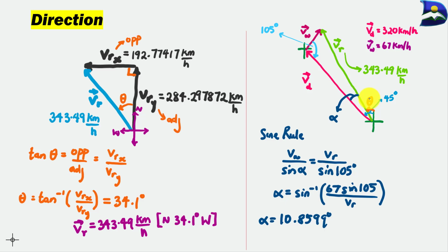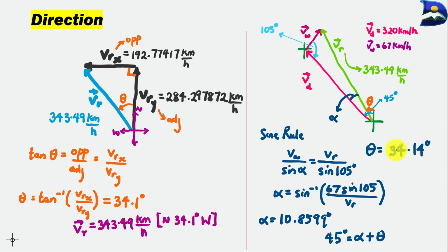Now remember that this alpha relates to this particular space, but we want theta, and to determine theta, all we have to do is do the following. We know that the full space here from our north all the way to the specific red line is 45 degrees, which is the sum of our alpha and our theta. And so by performing our subtraction, we're going to arrive at our answer for theta to be equal to 34.14 degrees.